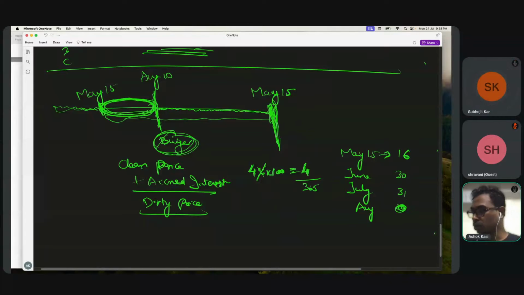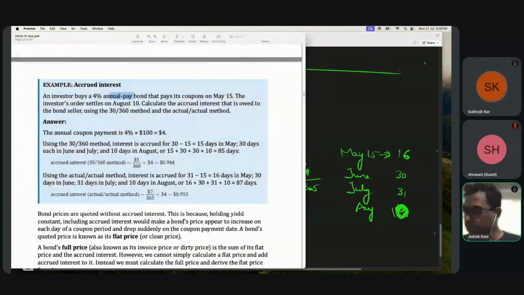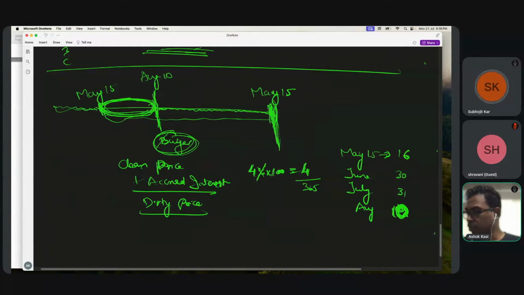So August, it will be 10 only. Why 10? Because 10 to 11 is one day.